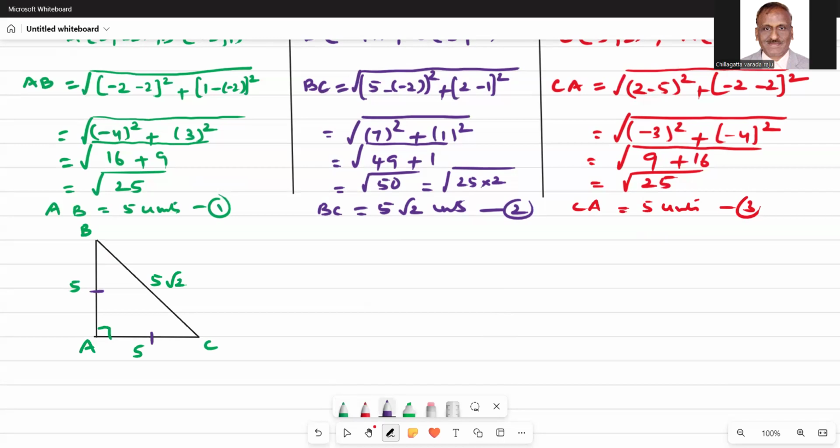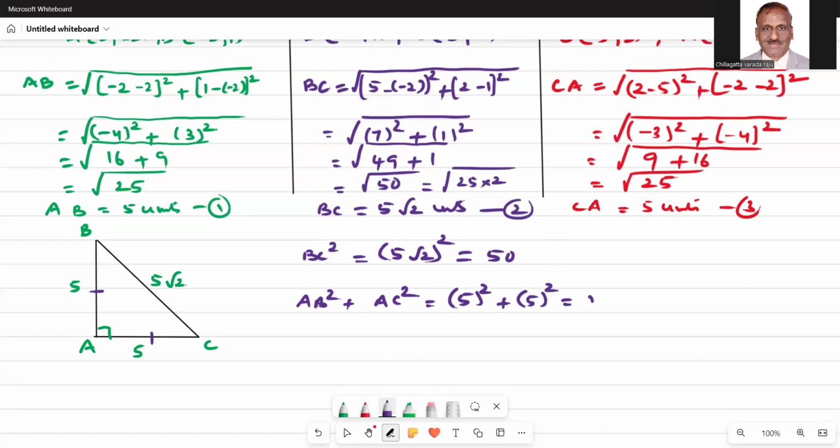Shall we verify the Pythagoras theorem here? First, the longest side square, BC square, is equal to what? 5 root 2 whole square. That gives you 5 square 25, 25 2s are 50, 50 units. BC square is equal to 50. Shall we find out AB square plus AC square now? AB square is 5 whole square, plus again 5 whole square.